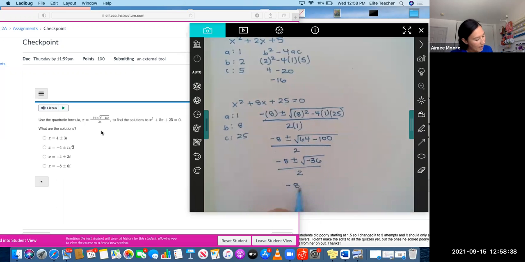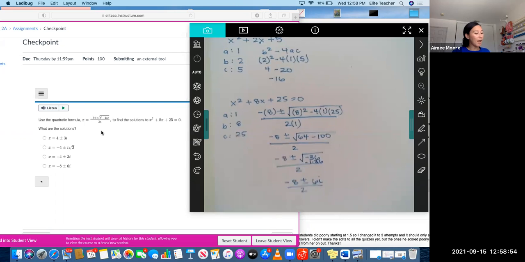Then we get negative 8 plus or minus. So we know that this is negative 1 times 36. So the square root of 36 is 6. The square root of negative 1 is i, divided by 2, which we can now reduce.